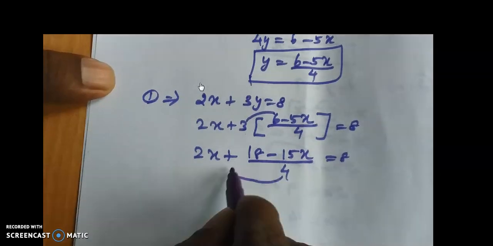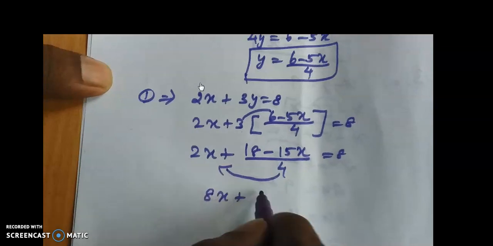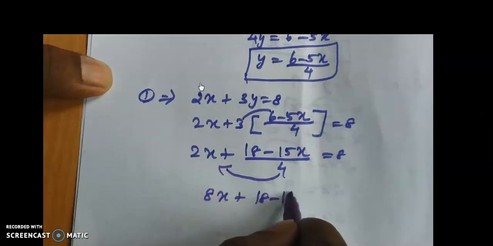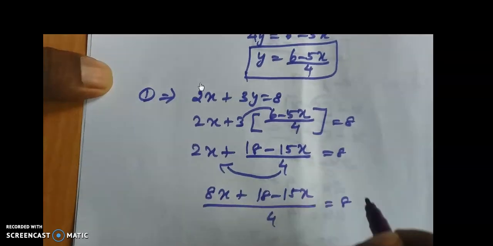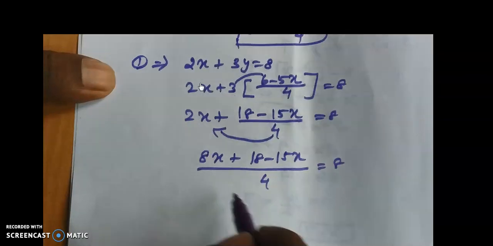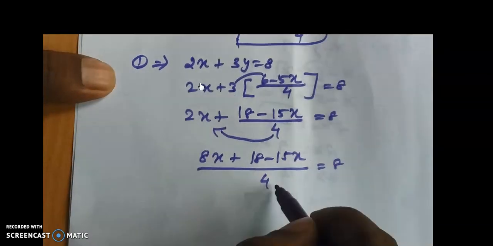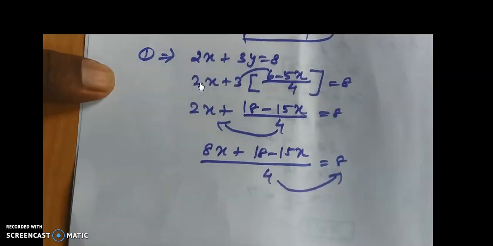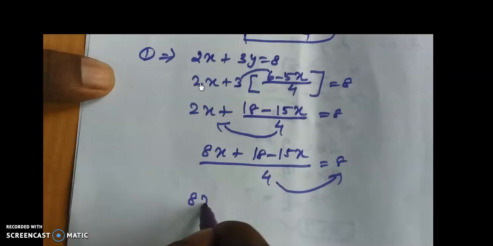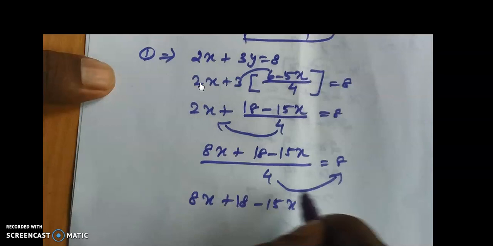If you make a cross multiplication it will become 8x plus 18 minus 15x whole divided by 4 equal to 8. So left hand side how many terms are there? Only one term is there, one numerator and one denominator. Now make a cross multiplication of the denominator with the right hand side term. So it will become 8x plus 18 minus 15x equal to, so 8 4s are 32.